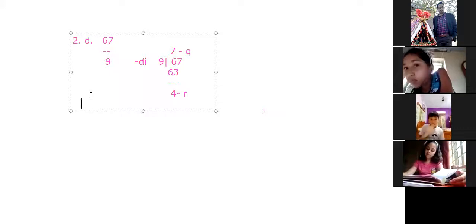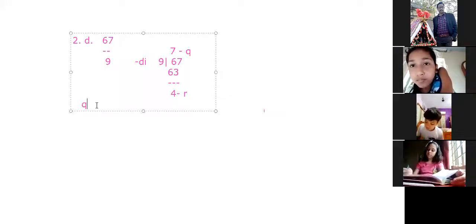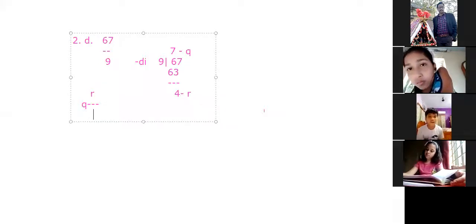We write the quotient, then on top the remainder, and at the bottom the divisor.